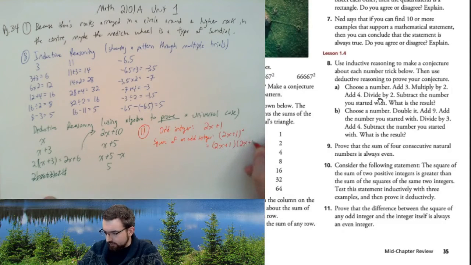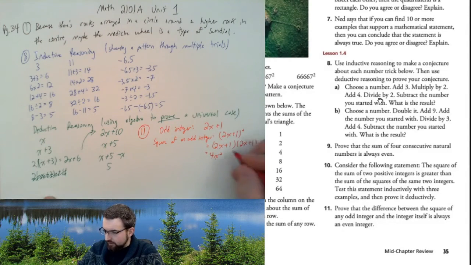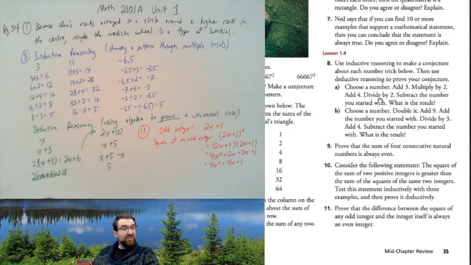So now we're going to go ahead and do our FOIL, right? So we're going to call this 4x squared plus 2x plus 2x plus 1, or 4x squared plus 4x plus 1 is the square of any odd integer. I know it looks like a lot of writing for something that sounds so simple, right? But this is how you do it.